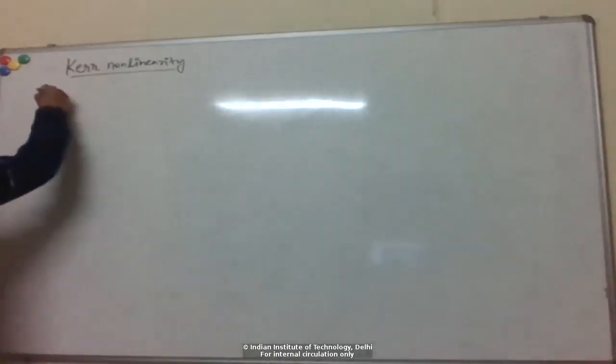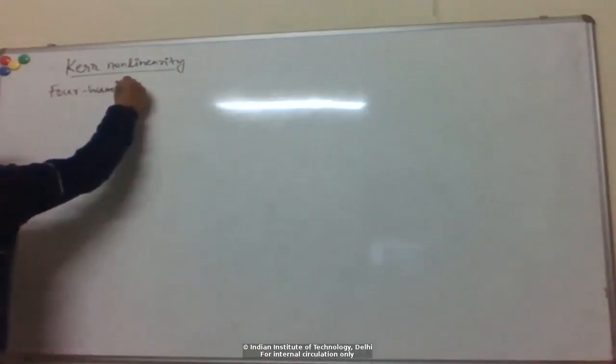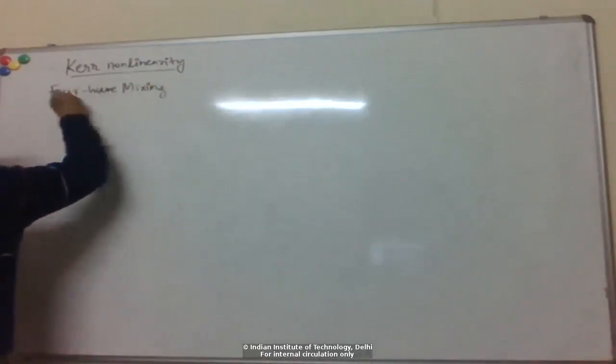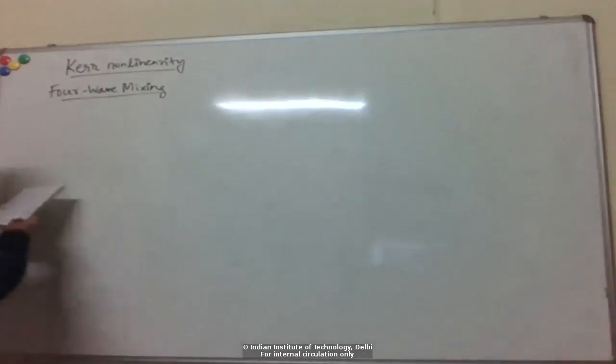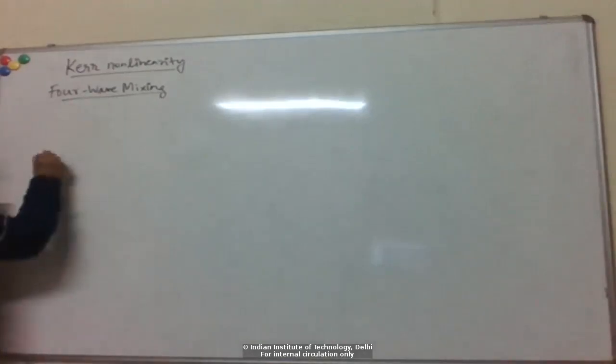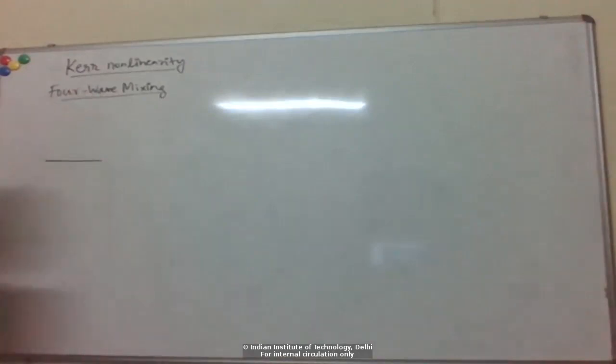So then the next effect that this Kerr nonlinearity gives is called four-wave mixing, right? As the name suggests, what's happening here is that four different waves, for example at four different frequencies or wavelengths, are mixing with each other.